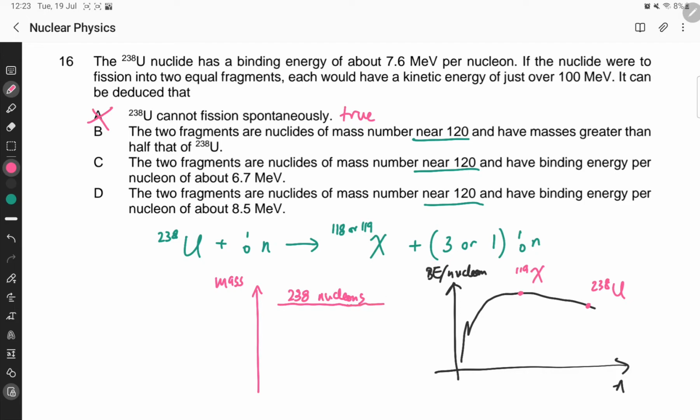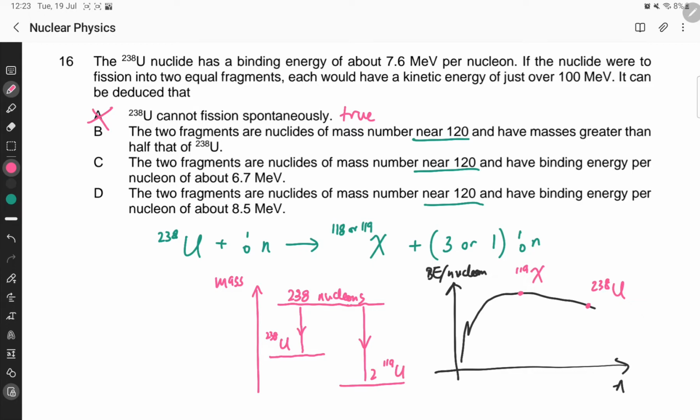When they form uranium-238, the mass will be smaller. So this is 238 uranium, and the binding energy is this amount. But because the binding energy of X is even greater, X must have a greater mass defect. Greater mass defect means that it must have less mass.